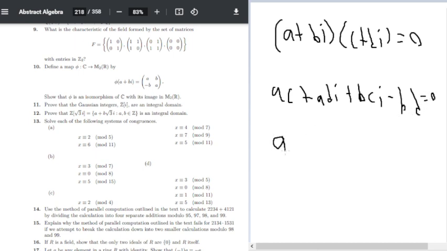So we have that ac minus bd plus ad plus bc i is equal to 0.